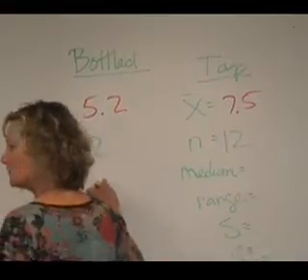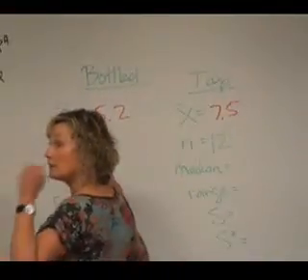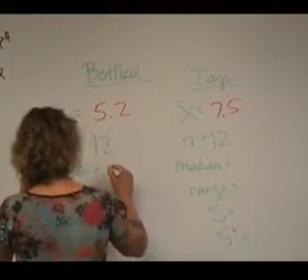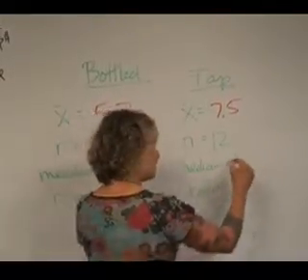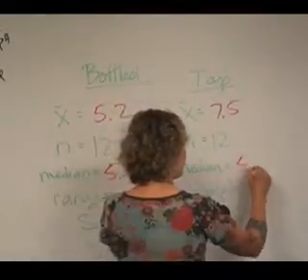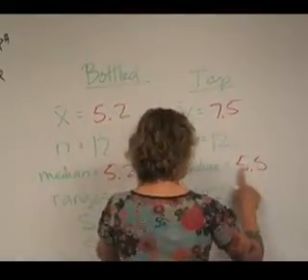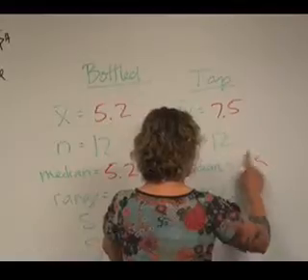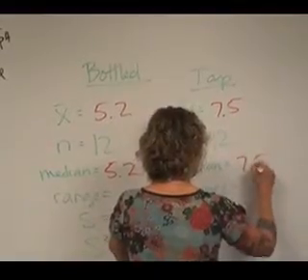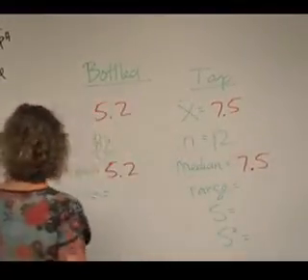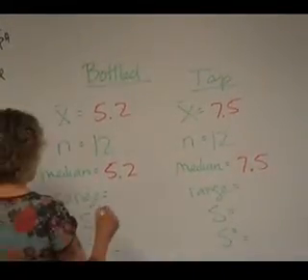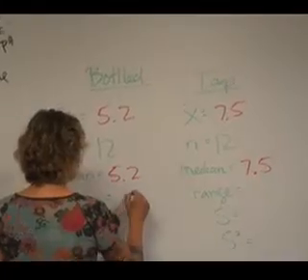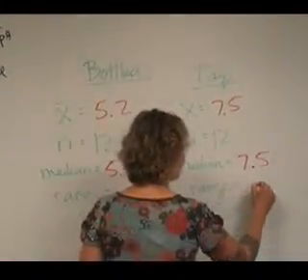Bottled is 5.22, so let's go 5.2, we'll just go one decimal place. How about the median of the tap? 7.5. Range? What do we got? 0.6 and 0.2?